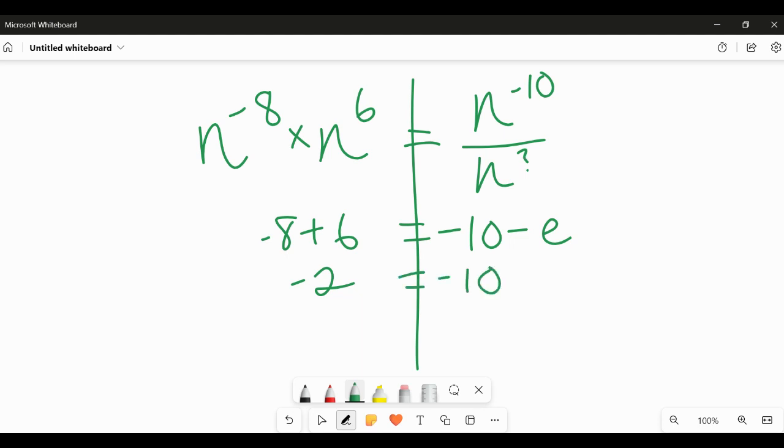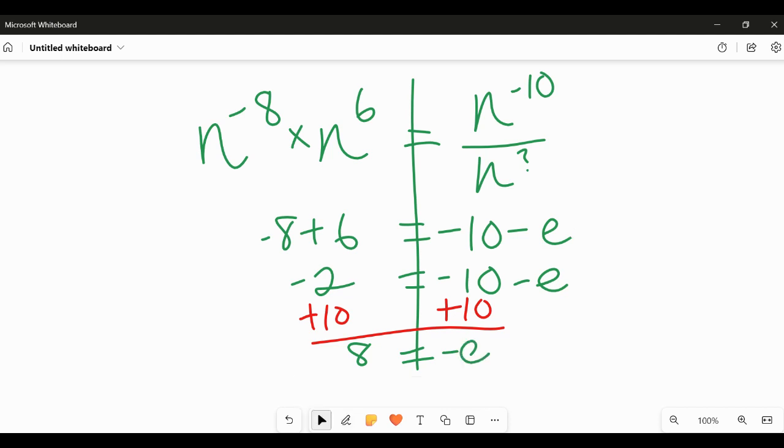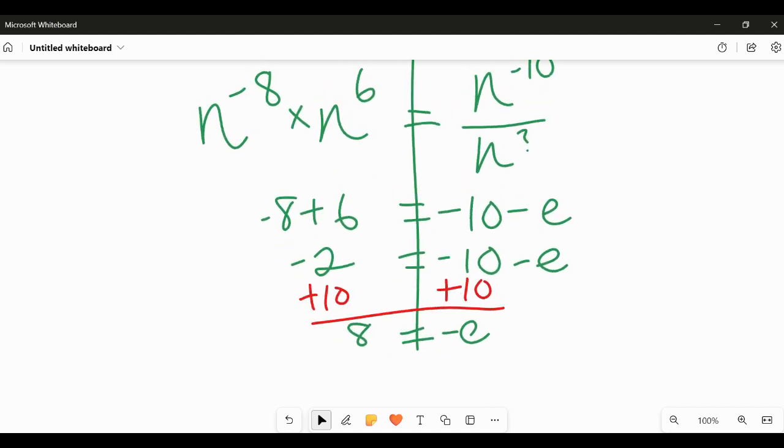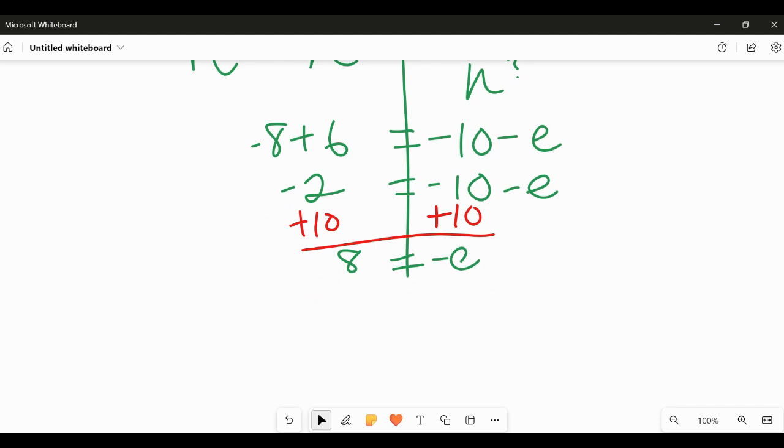Just bring everything down. Make sure you keep your equation nice and neat, so it's easy to read. To get e by itself, we would have to add 10 to both sides. Boom, boom. And you get 8 is negative e. Now you know there's a negative 1 here, so I have to divide both sides by negative 1.